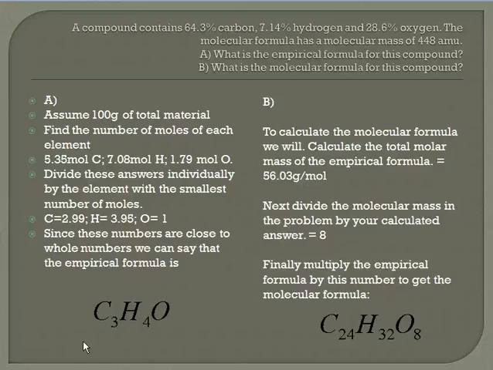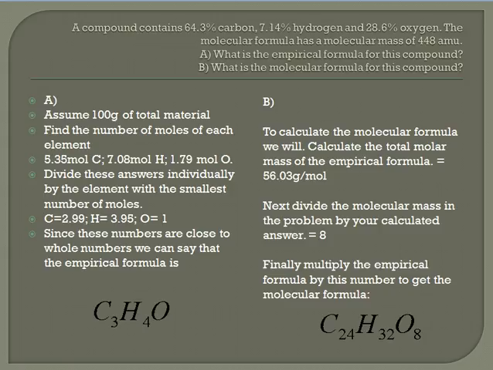We get 5.35 moles of carbon, 7.08 moles of hydrogen, 1.79 moles of oxygen. Next, we need to divide these answers individually by the element with the smallest number of moles. We get carbon equal to 2.99, hydrogen equal to 3.95, and oxygen equal to 1. Since these numbers are close to whole numbers, we can say that the empirical formula then is C3H4O.